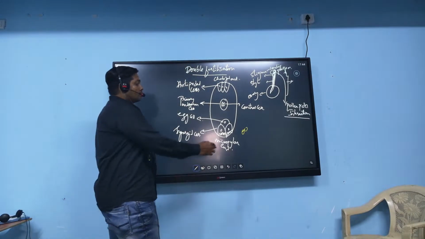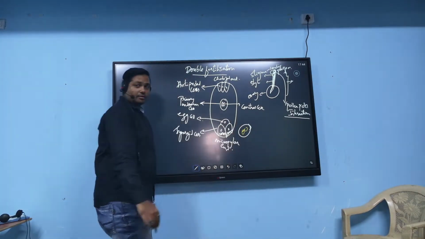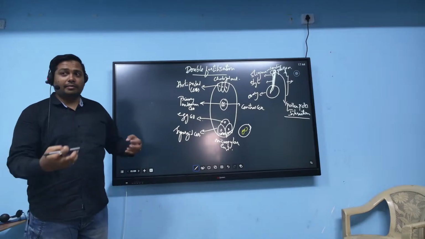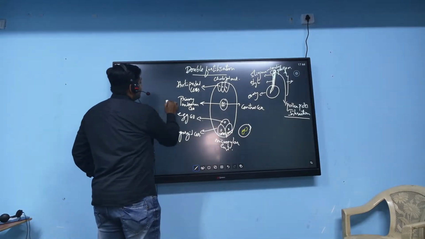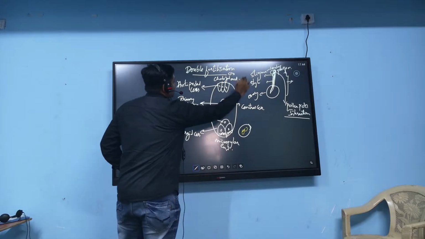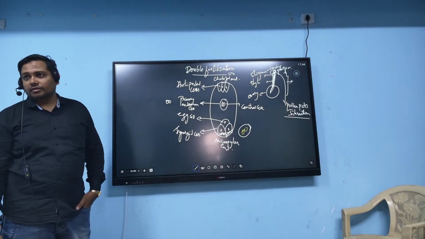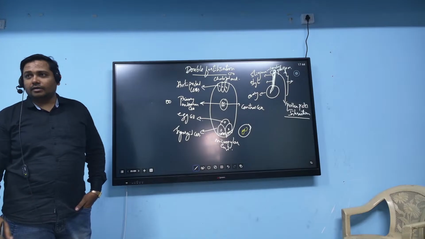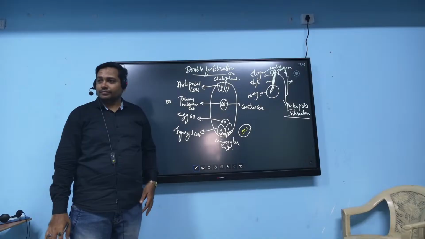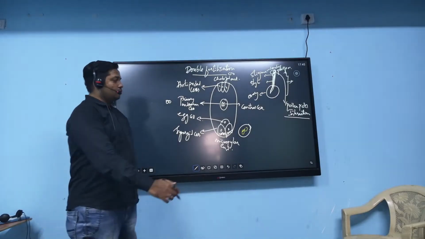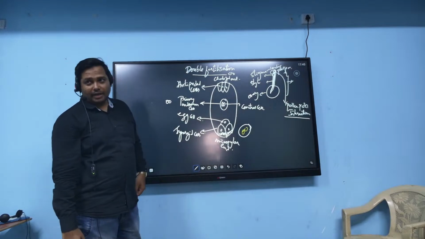Now, the male gametes I have kept here, but the condition is they can be released anywhere. It can be released here also. It is a natural process. Wherever required, it will be released. Assume it is released nearby the chalazal micropylar end.